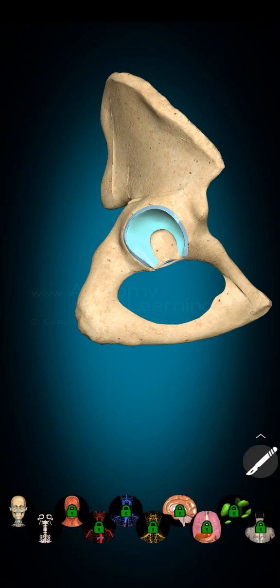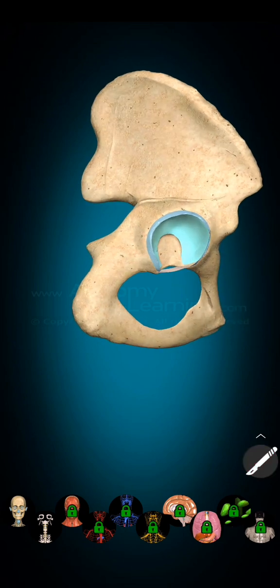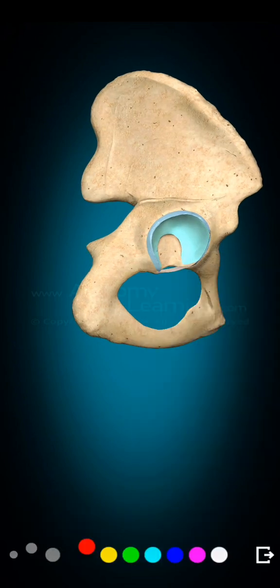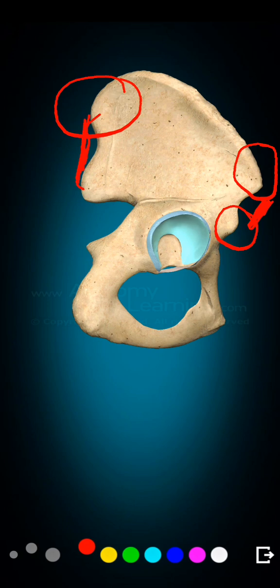Now we can see the borders. This is the anterior border, and this is the posterior border. They are marked with the anterior superior iliac spine and anterior inferior iliac spine, and the posterior superior iliac spine and the posterior inferior iliac spine. Below the posterior inferior iliac spine we could see a notch.